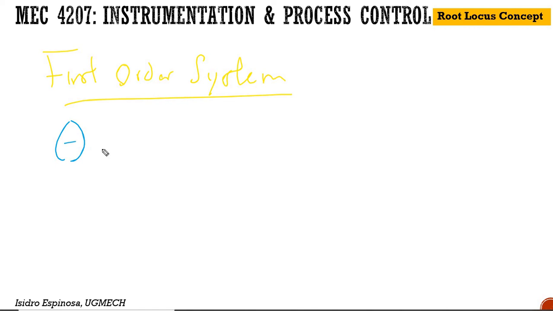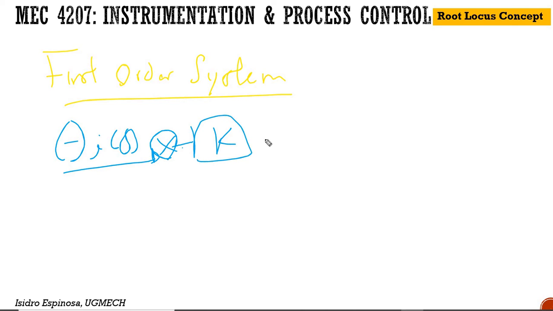So now if we consider a first order system like this one, we have the input, we have the set point, we have a constant that's multiplying, and we have the system by itself, a process.